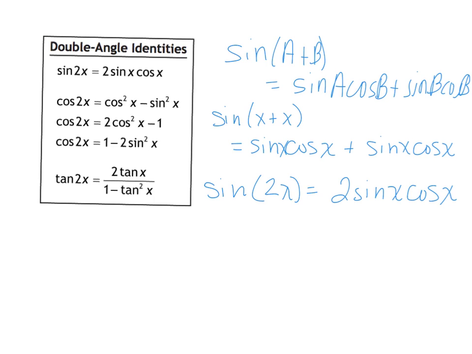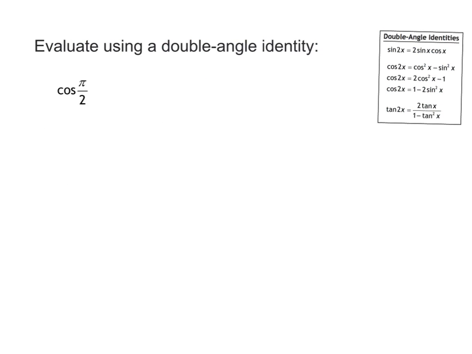We can use them in the same way as we're using the sum and difference identities, or there are a few other things that we can do with them. But this one says evaluate using a double angle identity. We could easily evaluate this one using the cosine sum identity or difference identity. It happens to ask us to use the double angle identity here.